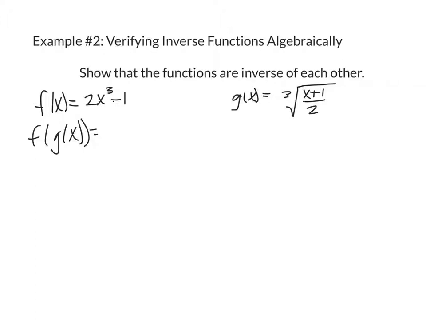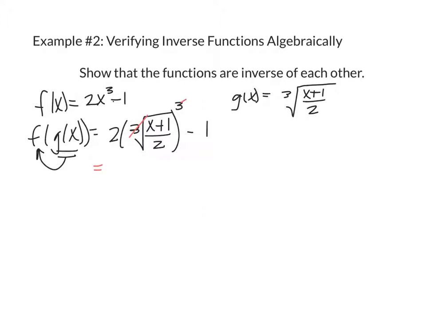If I put g of x into f, that means it'll be 2 parentheses, the cube root of x plus 1 over 2, and then minus 1. Oh, and this was cubed, sorry. So cubed and cube root are going to cancel.